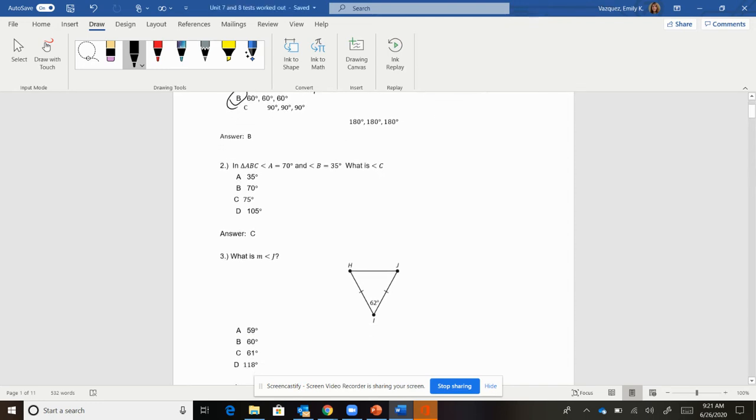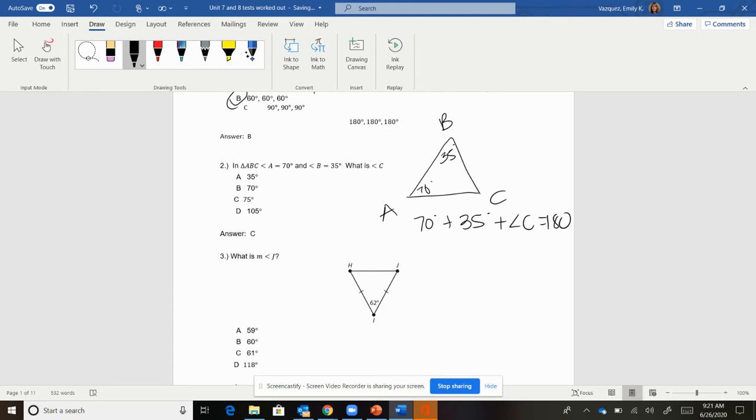In triangle ABC, for this particular problem, I would suggest when you're doing a question like this, maybe draw it out. Angle A is 70, angle B is 35, and the question is asking to find angle C. So in order to find angle C, I know that angle A plus angle B plus angle C add up to 180 degrees.